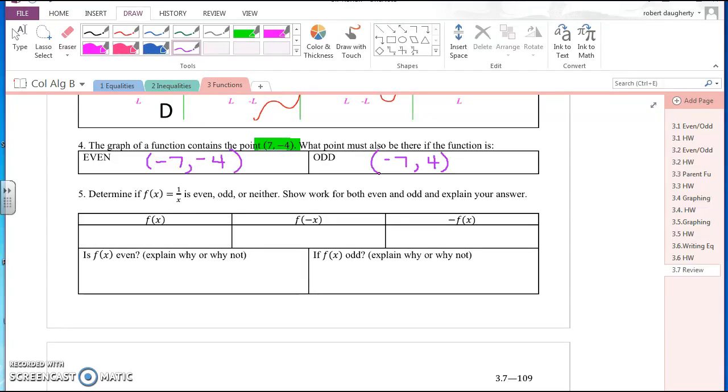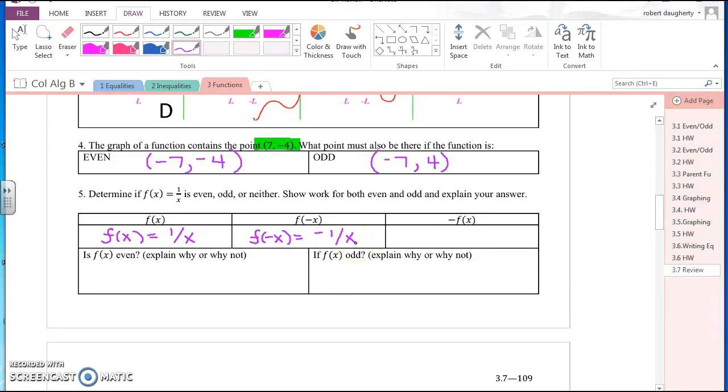And then in question number 5, I'm algebraically asked to determine if a function is even, odd, or neither. And remember, in all of these, we did the work, and we also came up with an explanation. So f of x is equal to 1 over x. Then f of -x, just substitute a -x in for x, is -1 over x.